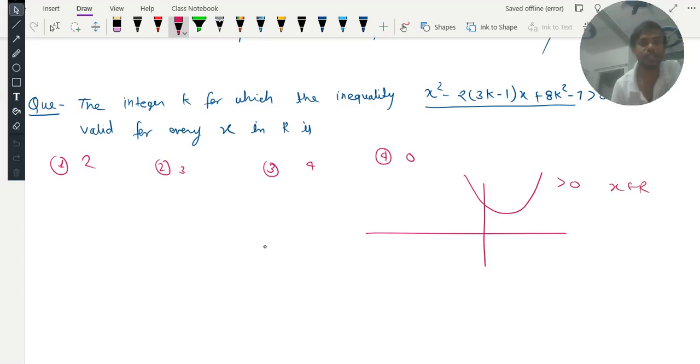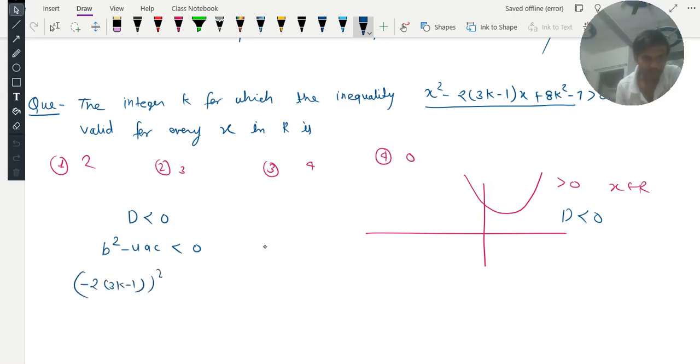In this case we know that the value of the discriminant is less than 0, so we apply this concept. So D is less than or equal to 0, where D is b square minus 4ac, less than 0. What is the value of b? So this becomes minus 2 times (3k minus 1) to the whole power 2, minus 4 multiplied by a, where a is 1 and c is 8k square minus 7.